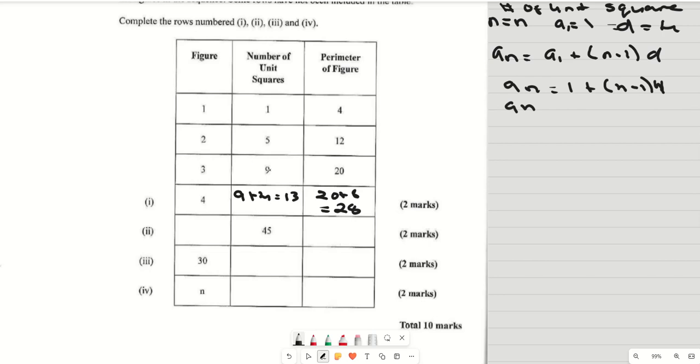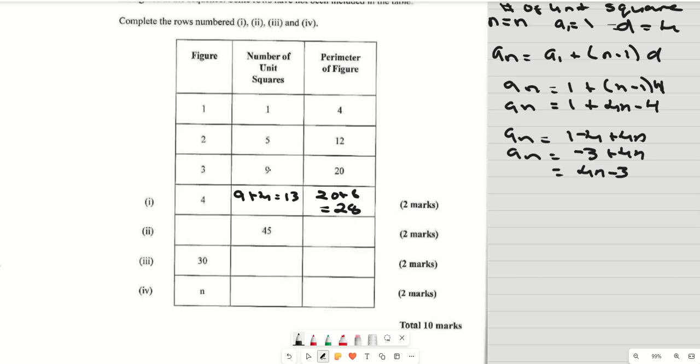Open the brackets according to distribution. That's 1 plus 4n minus 4. So an is equal to 1 minus 4 plus 4n, that is an equals minus 3 plus 4n. You can leave it like this or rearrange it to 4n minus 3. That would be the formula, 4n minus 3.